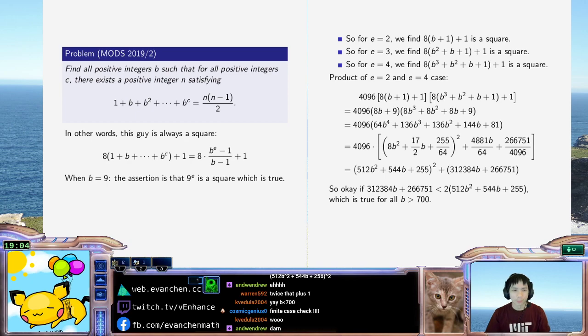However, we also know 8b plus 1 is a square, and also 8b squared plus b plus 1 is a square. So this will not take too long to check, I hope. But this is really not efficient, actually. I want a bigger coefficient.